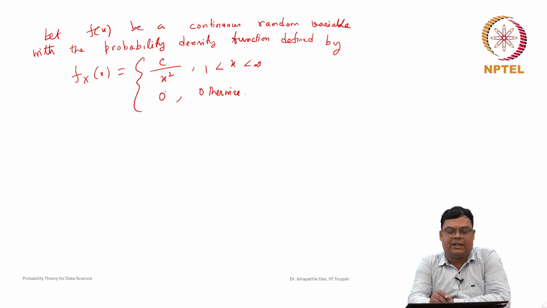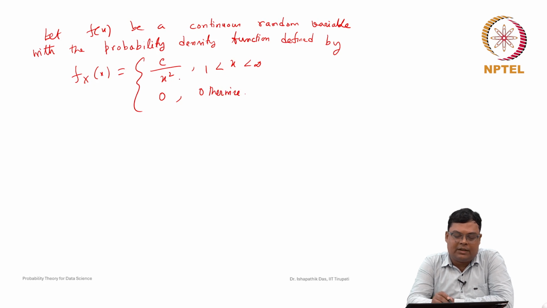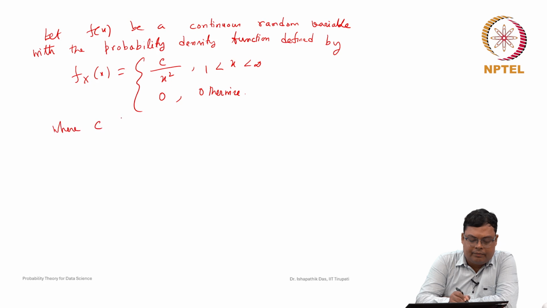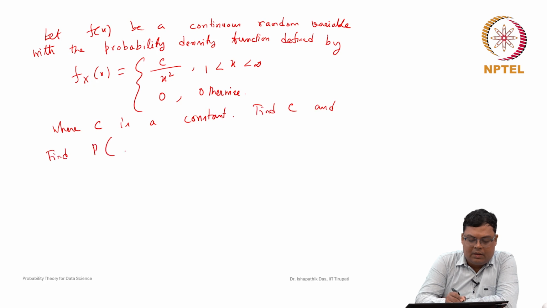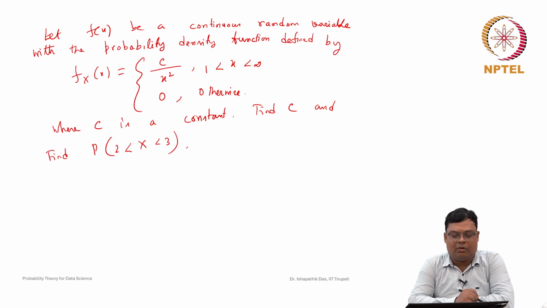Why did we take x greater than 1? Because if x includes 0, then it is undefined. Now, c is a constant. Find c, and find the probability that x is greater than 2 and less than 3. So, this we want to find.